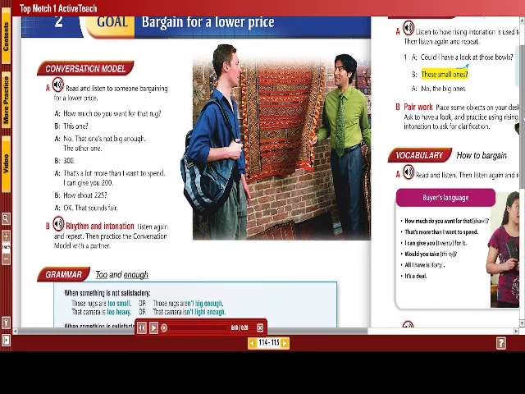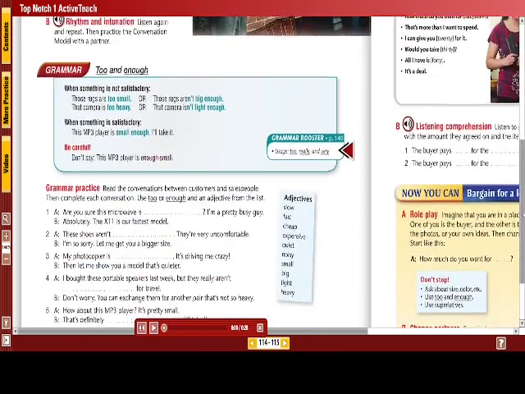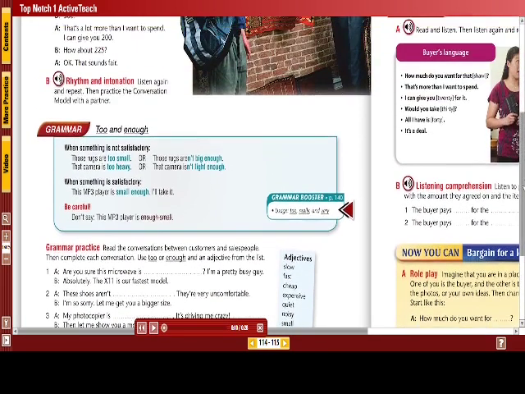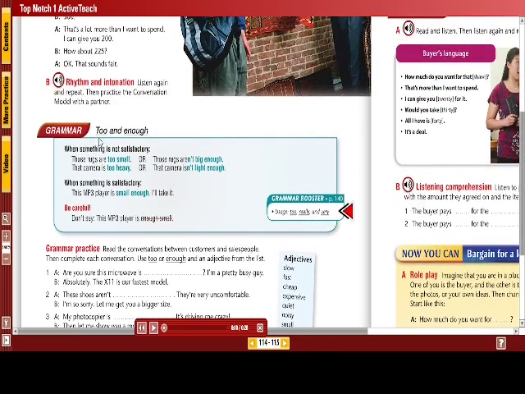So we could listen to some new words. They are not new, but they are too and enough. Too, as an adverb, just says that it's excessive. For example, those rugs are too small. That camera is too heavy.